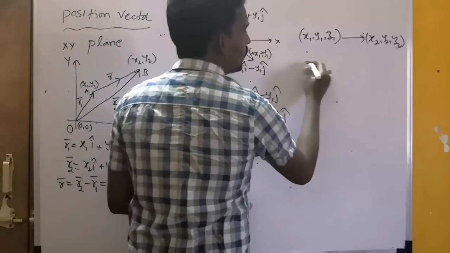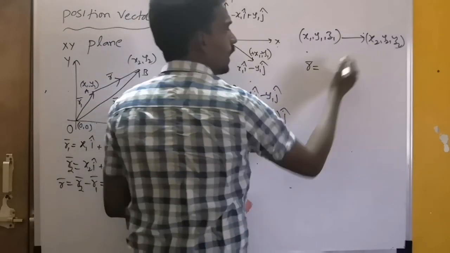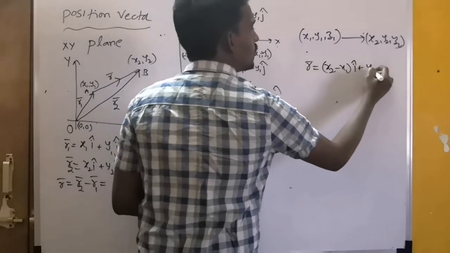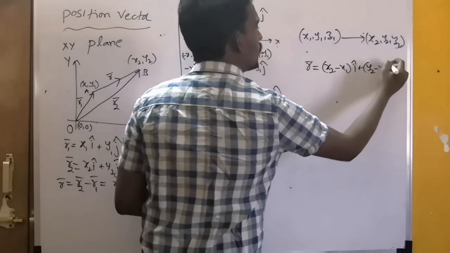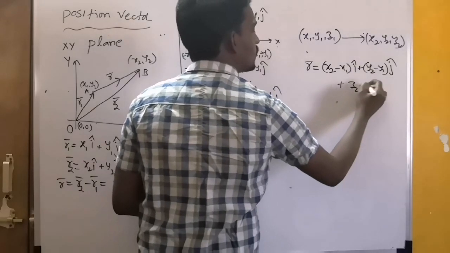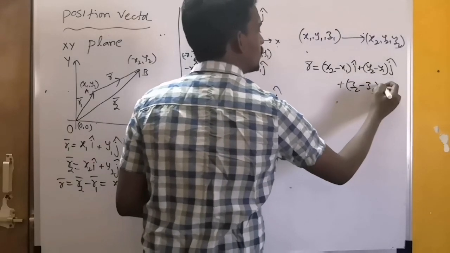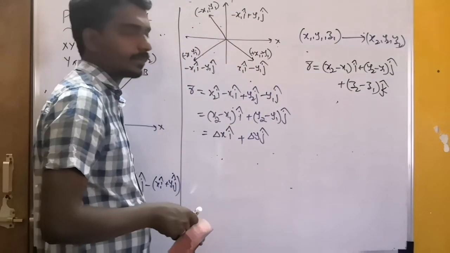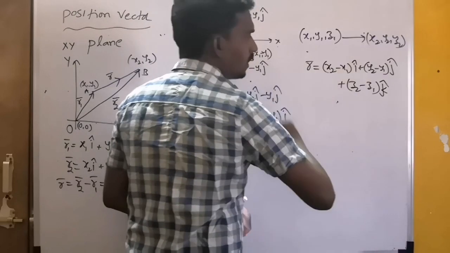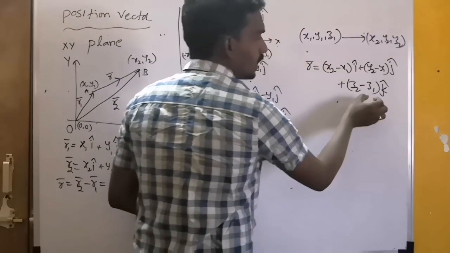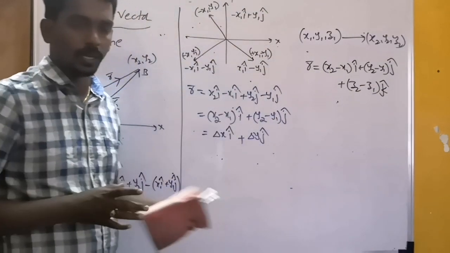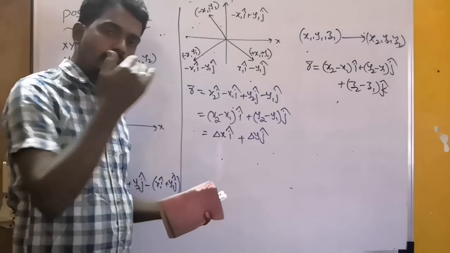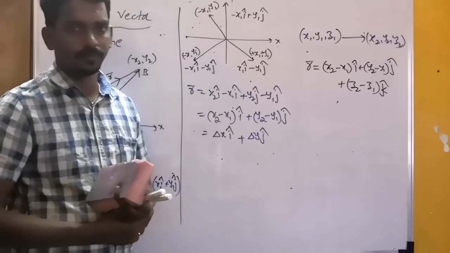Then the position vector is x2 minus x1 i cap plus y2 minus y1 j cap plus z2 minus z1 k cap. So there is one i term, there is one j term, there is one k term. Usually for every vector there is one i term, one j term, one k term.